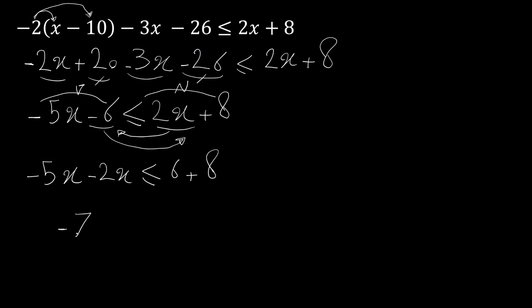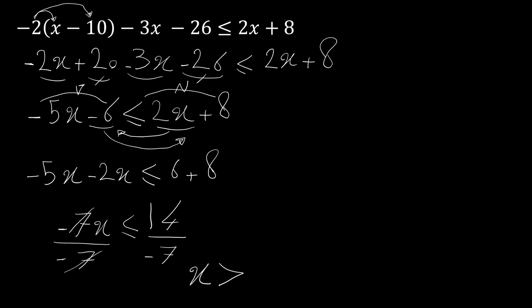So -6x is less than or equal to 14. I must make the coefficient of x 1. How? By dividing by -7. This is exactly the point that I was talking about. When you divide by a negative number, you must change the direction of the inequality. So x will be greater than or equal to -2. So less than is turned to greater than. Now I need to graph that.